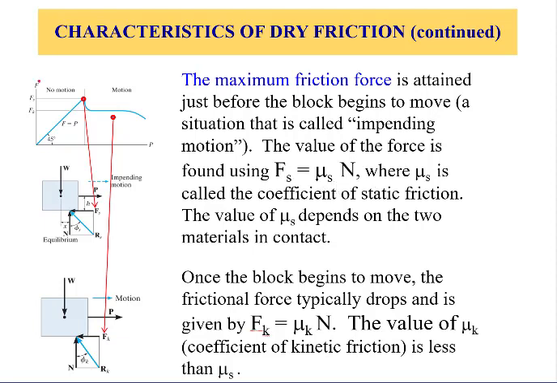In the graph, this value is over here, and then once this object starts moving, the friction will drop to a final value Fk. For small loads, this final value will be constant, and we'll assume this value to be equal to mu k multiplied by N, where mu k is called the kinetic friction coefficient.